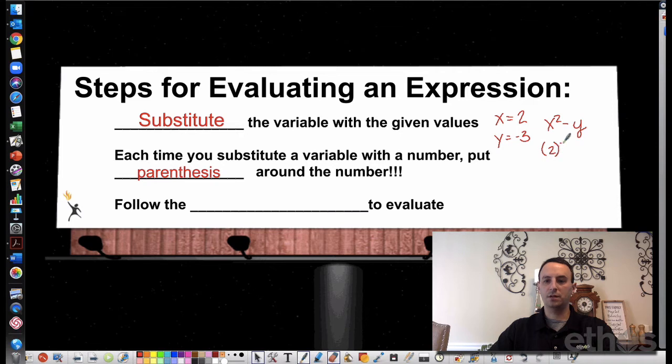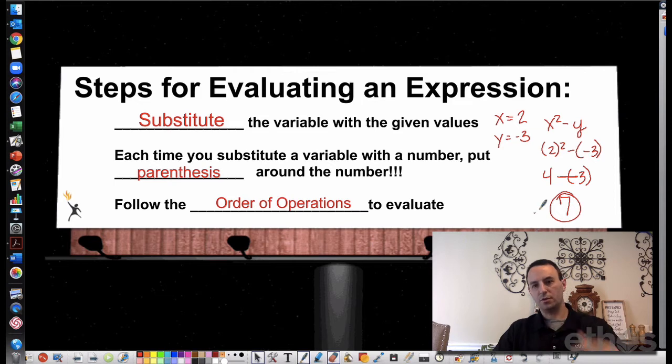So 2 squared minus negative 3. Now I'm going to follow the order of operations to solve it. Squares first, so that's 4 minus negative 3, and with double negatives we just make it a positive, so the answer happens to be 7. The other way to think about this is there's a negative 1 right there, so negative 1 times negative 3 is positive 3. Lots of different ways to look at that negative rule.